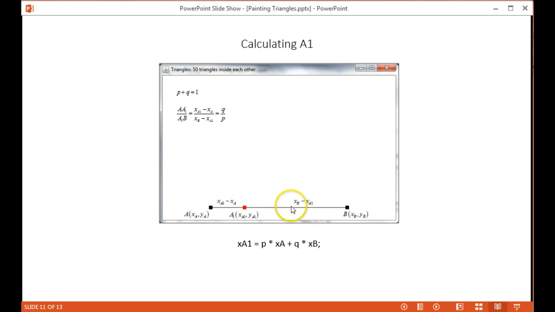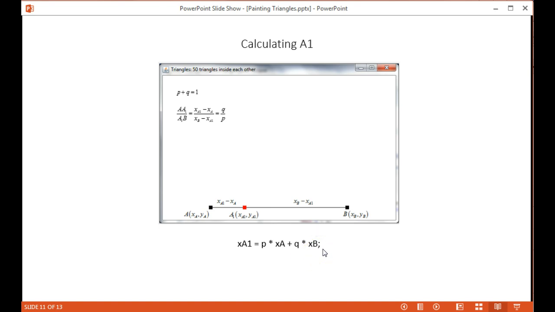Or I'm sorry, q to p, right? And we started out with that, that we want to break it up into that, and then the problem was to derive the formula, or basically verify this formula that x sub a1 equals p times x sub a plus q times x sub b, right?